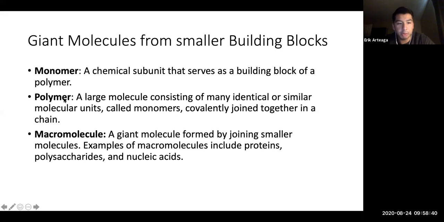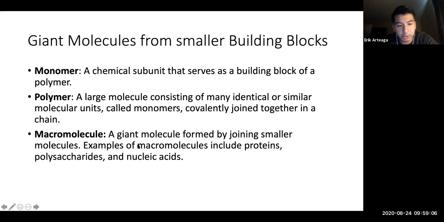Those are all polymers, okay? A polymer is a large molecule consisting of many identical or similar molecular units called monomers, covalently joined together in a chain, all right? So you'll see starch, cellulose, and glycogen forming this big chain network of multiple monomers linked together, okay?